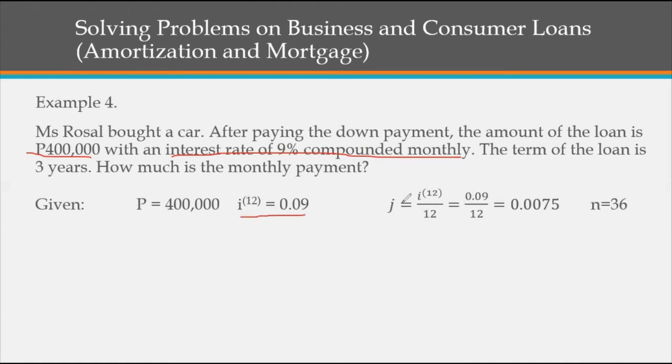Then, syempre, kukuhanin natin ang interest rate J. Iyon ay ang ratio ng I to the 12. Interest rate 9% compounded monthly, so over 12. So, pag kinompute natin yan, that is 0.09 divided by 12. And it gives 0.0075.